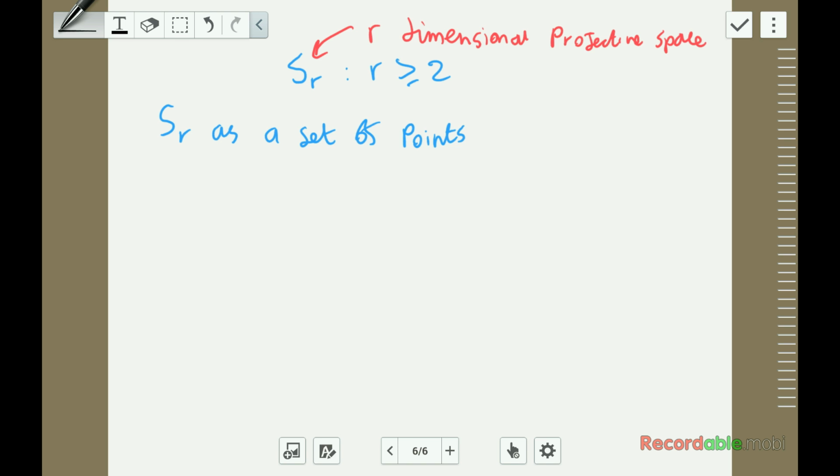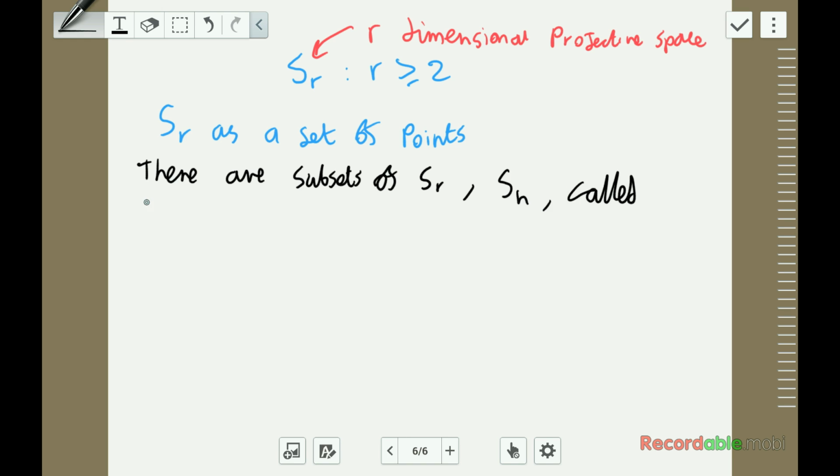So there are subsets of S_r like this one here, S_h, called subspaces.